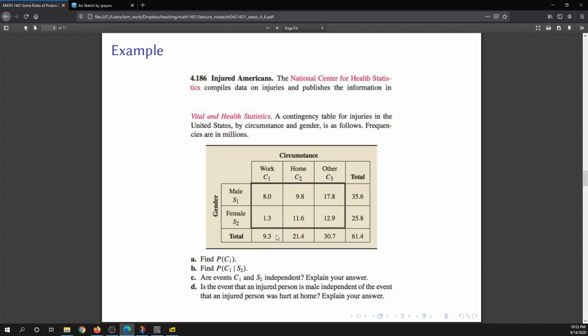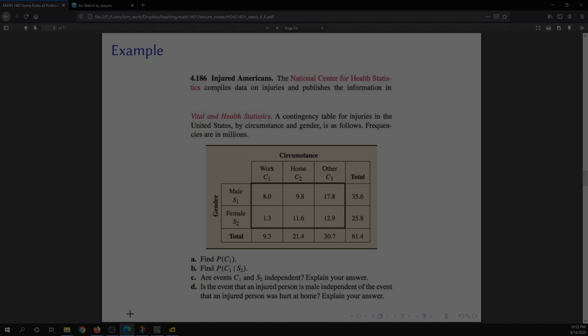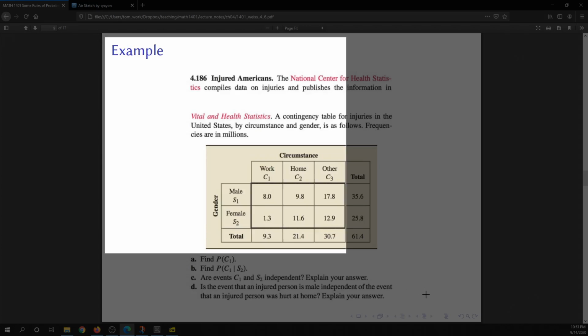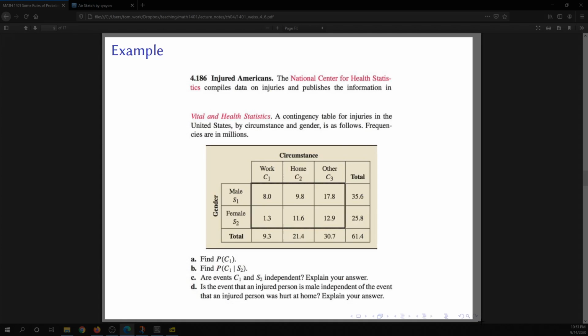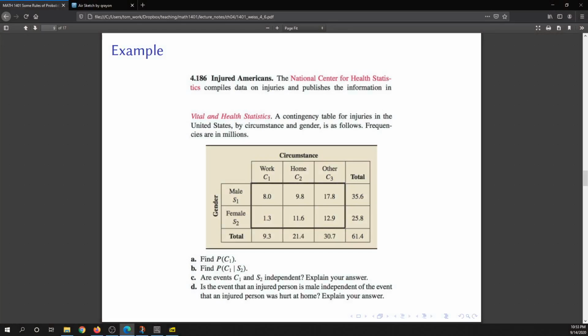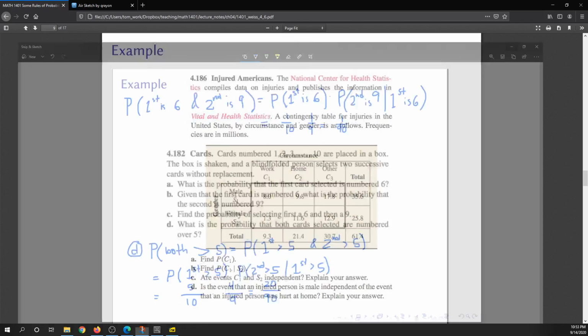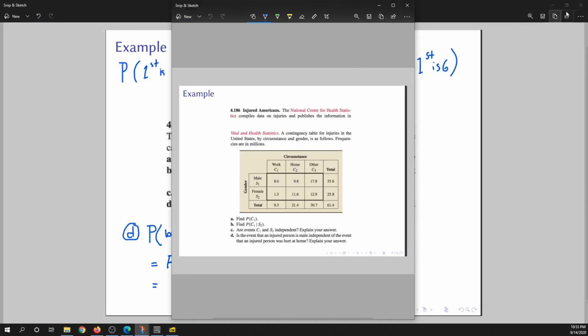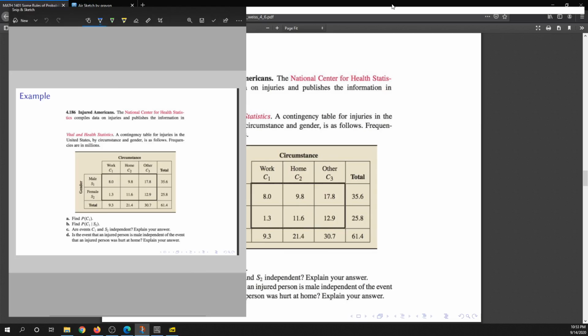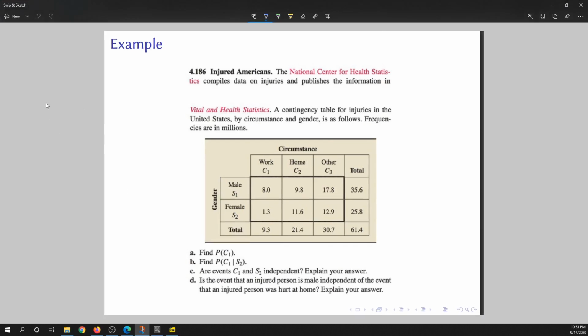In part A, we want to find the probability of C1.